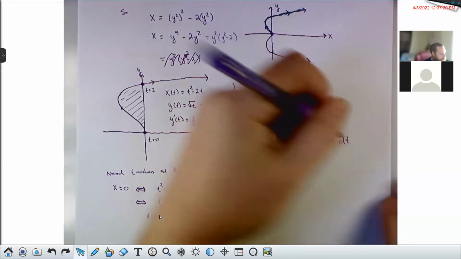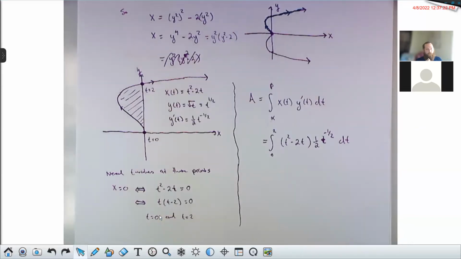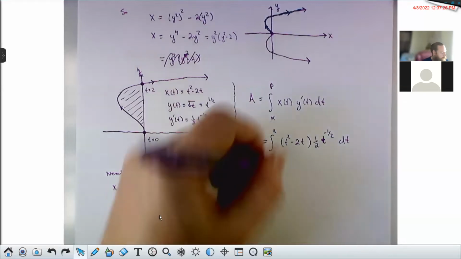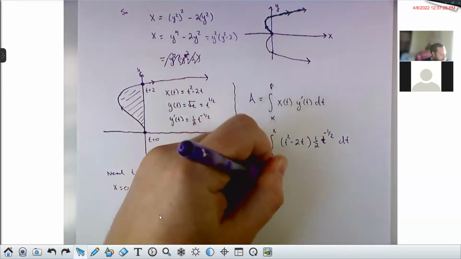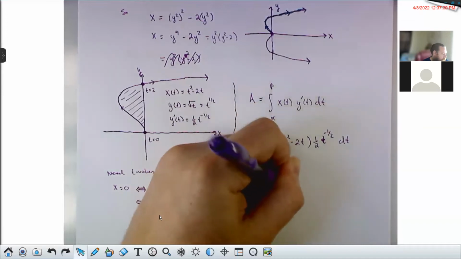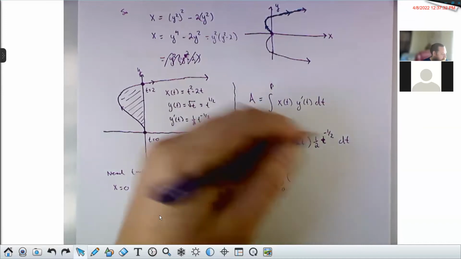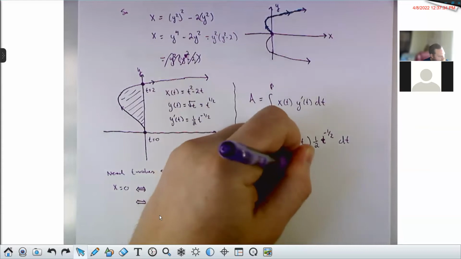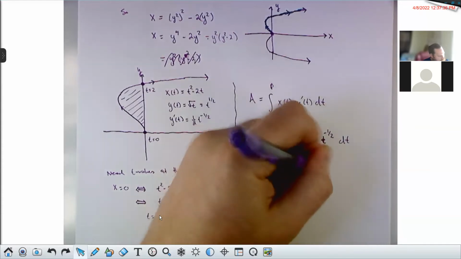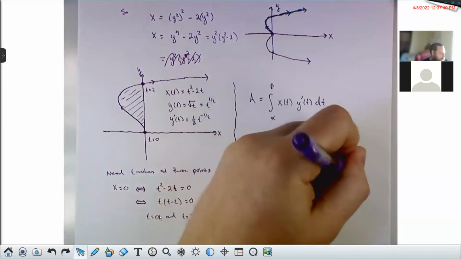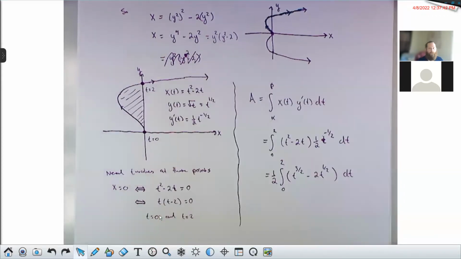And then we've got our dt. Popping out the 1/2 and distributing the t to the negative 1/2 gives me this.